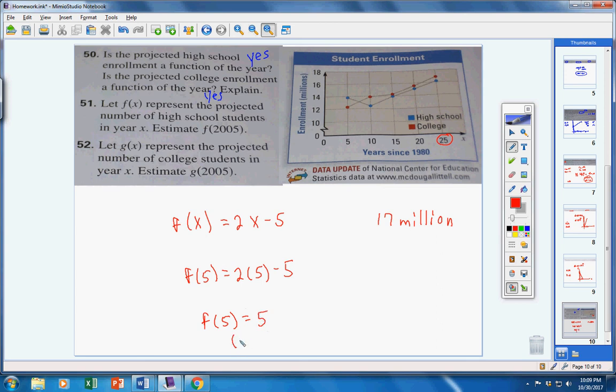That would be the same thing as 5 comma 5. Well, that's all they're saying here. They're saying your x number is 2005, so go over to 2005 and find your y number. G of 2005, same thing. They're saying here's your x number. Go over and find your y number or your g number up here. That's all they're saying. Okay?